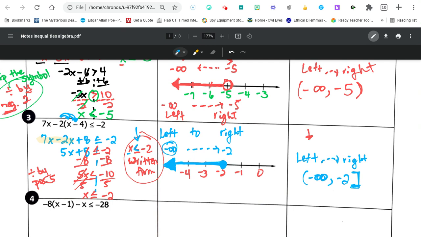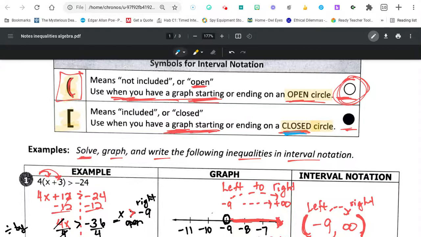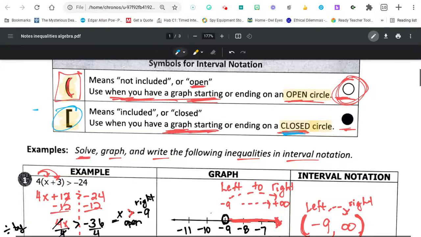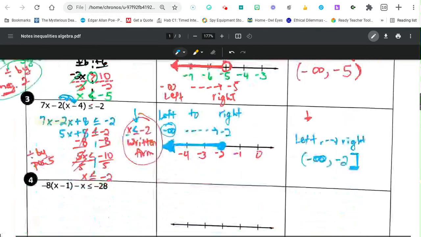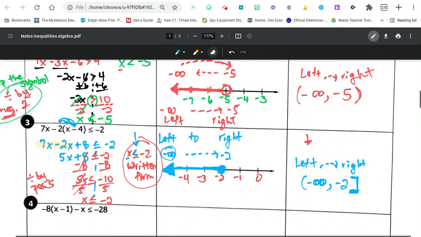It does use a bracket because that's a closed circle. And you just got to remember, closed circle has a bracket on it. Now I know this bracket is open toward the left, but that's because it stops at -2.